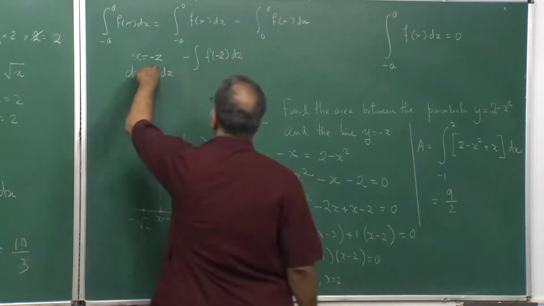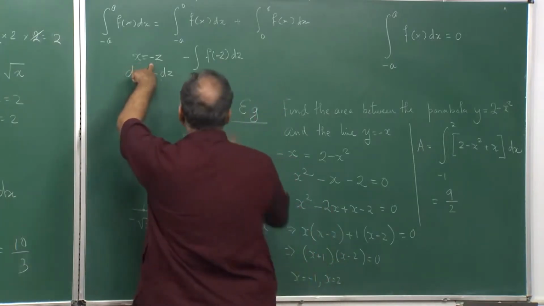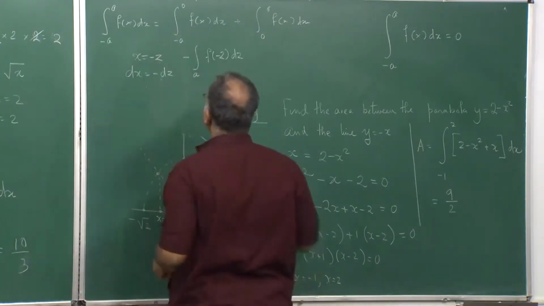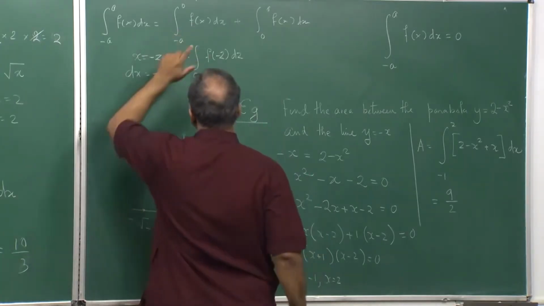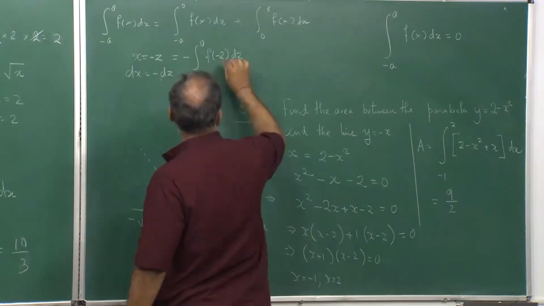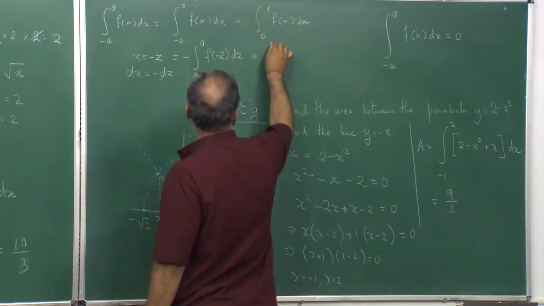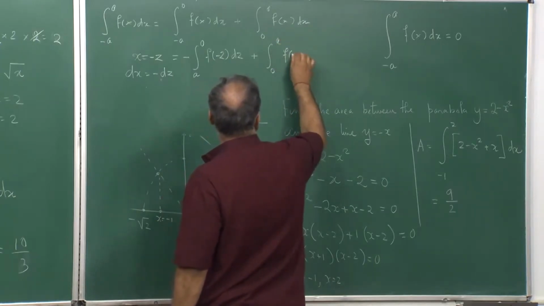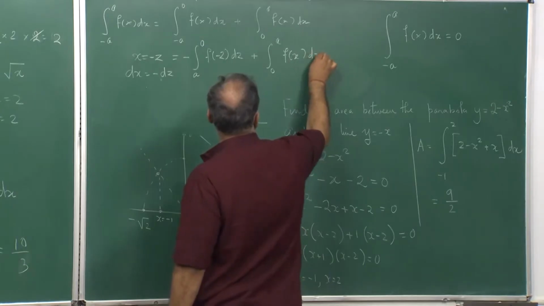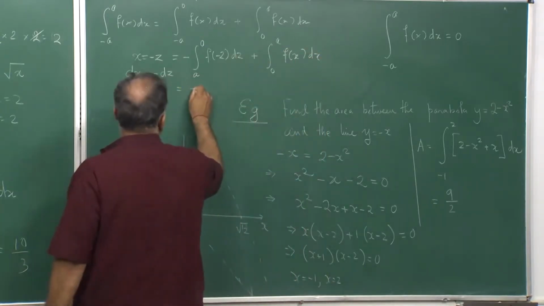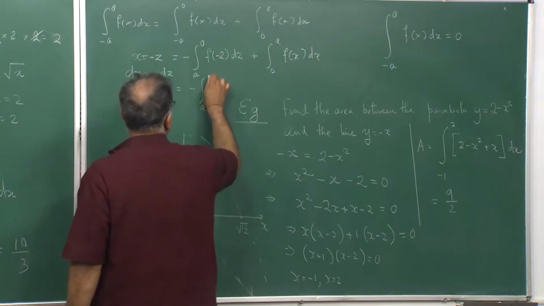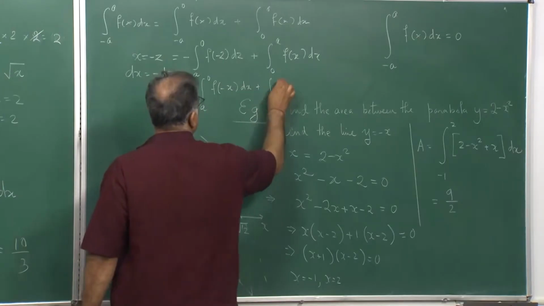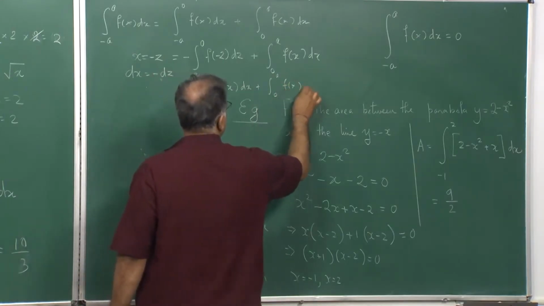When x equal to minus a, z is a, and when x equal to 0, z is 0. So, a to 0, plus 0 to a. Instead of z, I can also write x. Now, you can ask why z and x? These are dummy variables, so do not bother with dummy variables. You can just write it as the integral of f of minus x dx plus the integral from 0 to a of f of x dx.